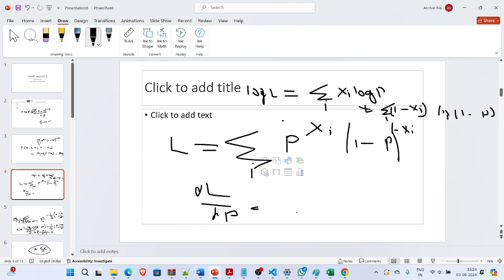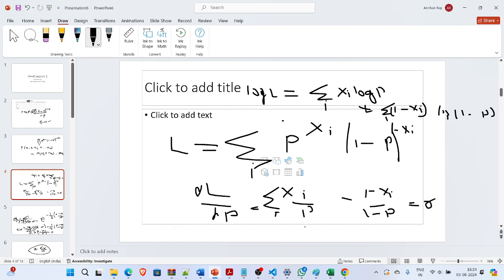So we take differentiation with respect to p, so what we get is xi by p, and we are differentiating with respect to p, so this becomes 1 minus p, another minus comes here from the chain rule. Summation over this is equal to 0.